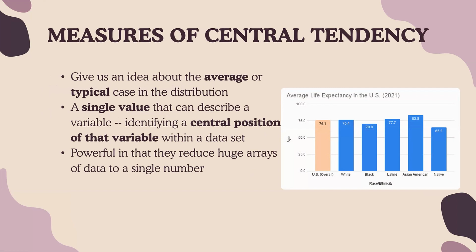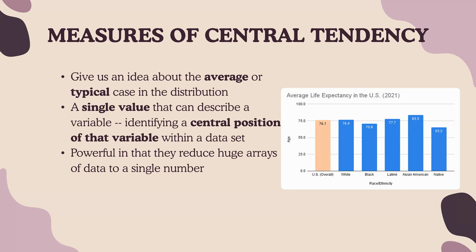So it is a single value that can describe what's going on in a variable to figure out what the most central position of that variable is. And it's a good way of reducing our variable into something that's more digestible or manageable, right? So, for instance, we have this example of average life expectancy in the US.